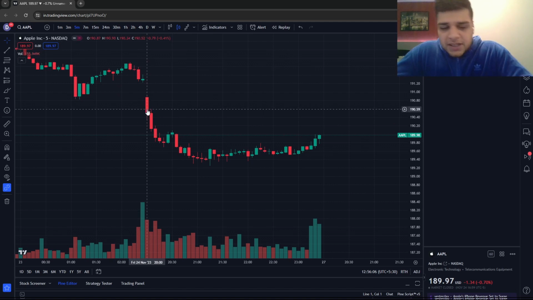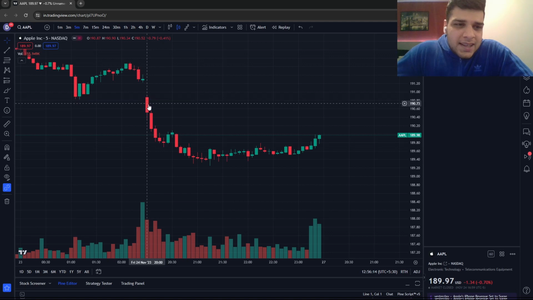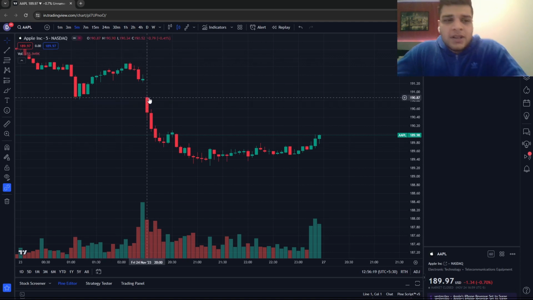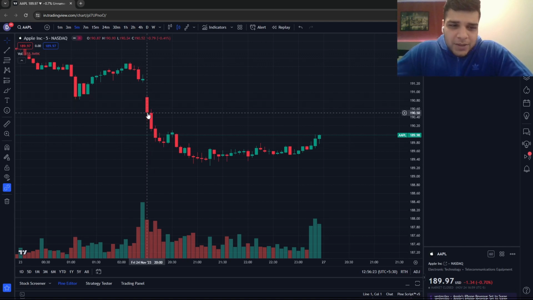Say this one started at Friday, 24th November on 20:00. It opened at, you can see it up here in the top left as well, opened at 190.87, which is denoted by where this candle starts up here. Since it's red, the opening will be higher than the closing.